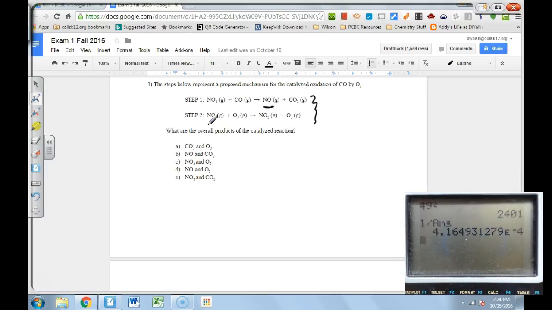Here's an NO and here's an NO, so those cancel out. Then here's an NO2 and here's an NO2, and those cancel out. So what are the only two products left over? The only two products left over are CO2 and O2.